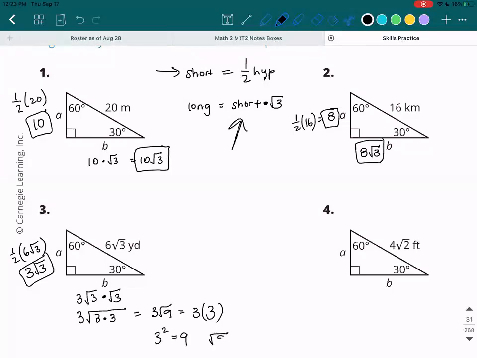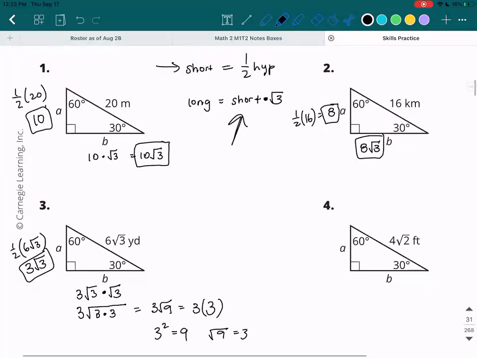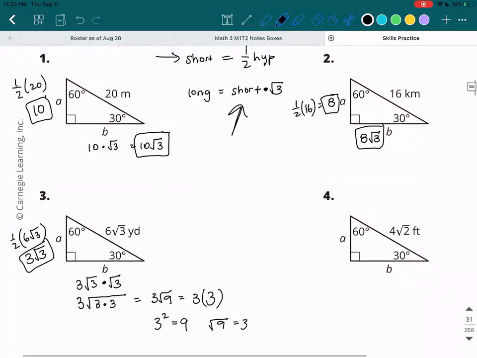Okay, because squaring and the square root are the inverse operations. So we have 3 radical 9. That's 3 times 3. So 3 times radical 9 is the same as 3 times 3. So our final answer is 9 as our long leg.